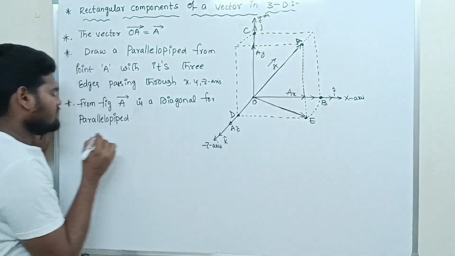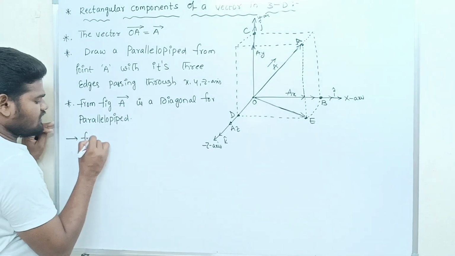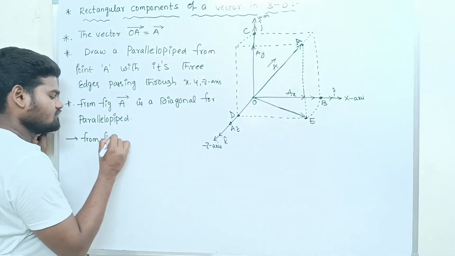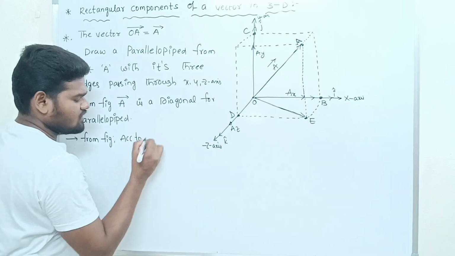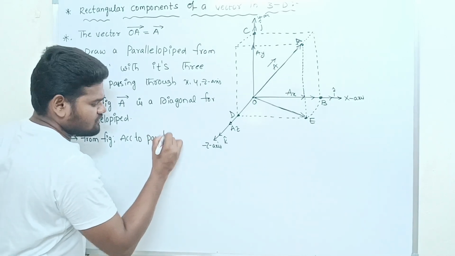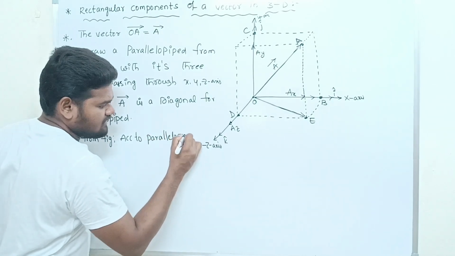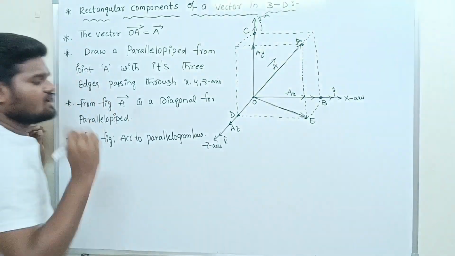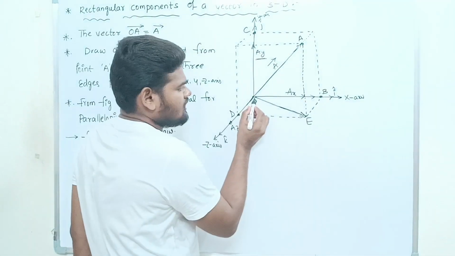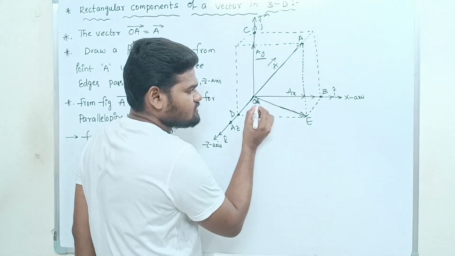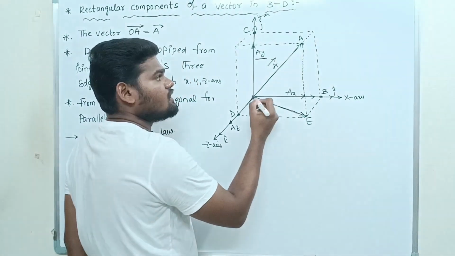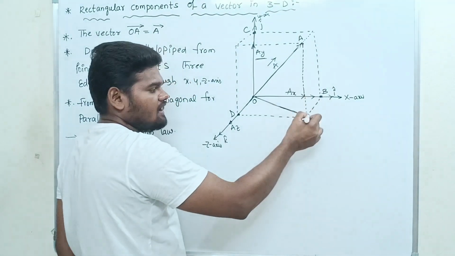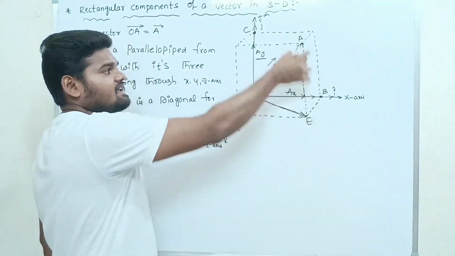So from the figure, according to the parallelogram law, this is the vector OE, this is the vector OA bar, and this is the vector EA.